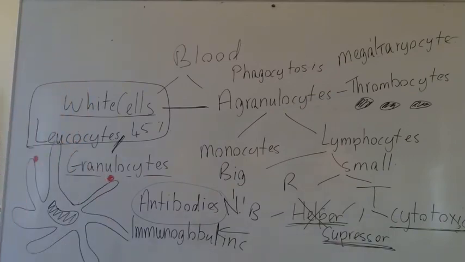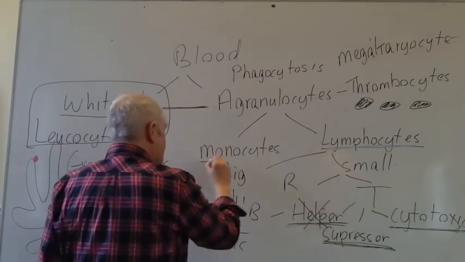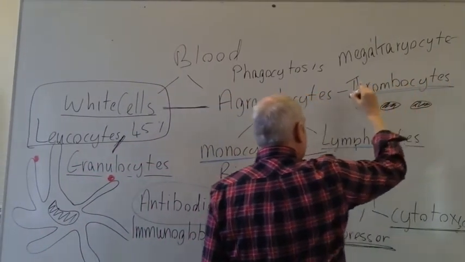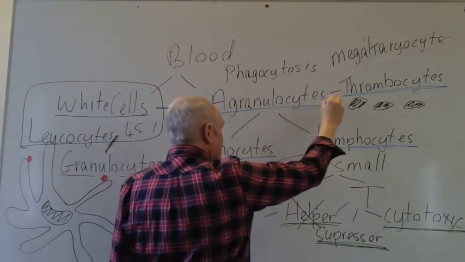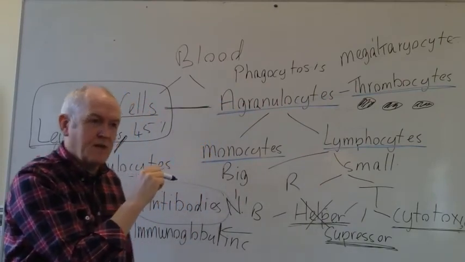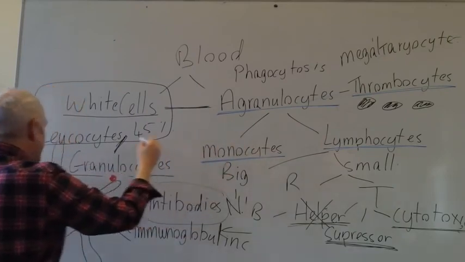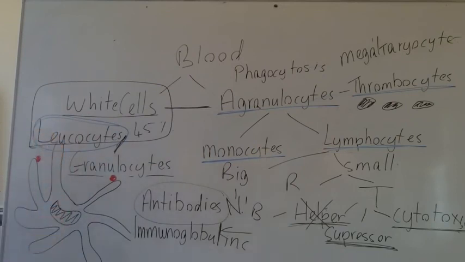So the lymphocytes, the monocytes and the thrombocytes are all agranulocytic. They don't have obvious granules in their cytoplasm when viewed with a light microscope, but they are agranulocytic leukocytes because all of these cells we've talked about so far are the white cells, the leukocytes.